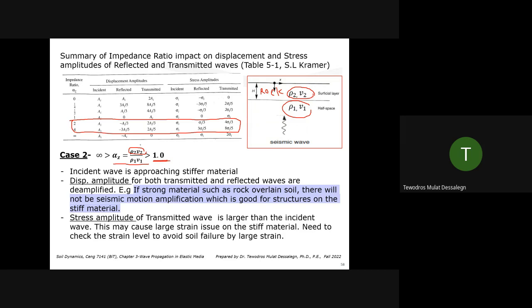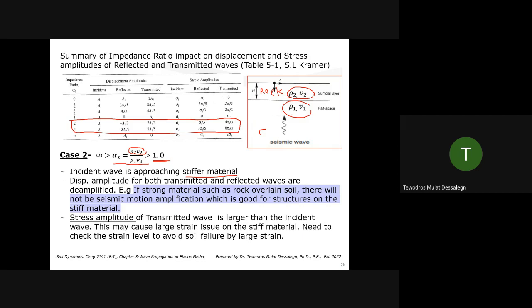It means the incident wave is approaching a stiffer material. This incident wave is coming from here. This is the layer. So it's approaching a stiffer material. It must be stiffer if the impedance ratio is larger than 1.